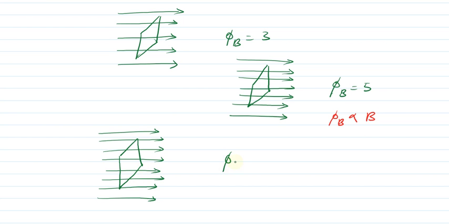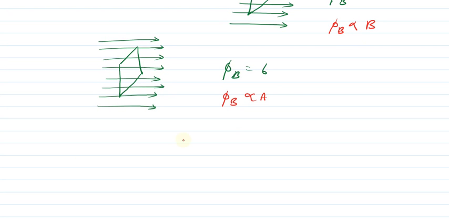So here the magnetic flux is 6. So it means that the magnetic flux also depends upon the surface area.